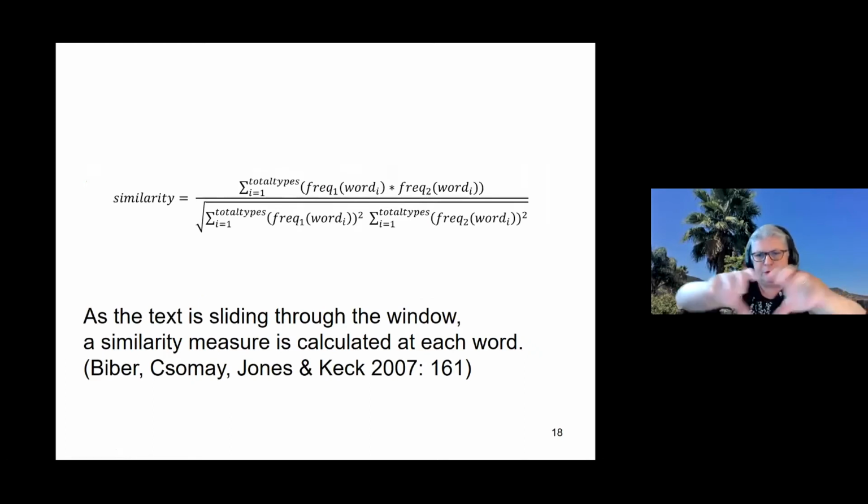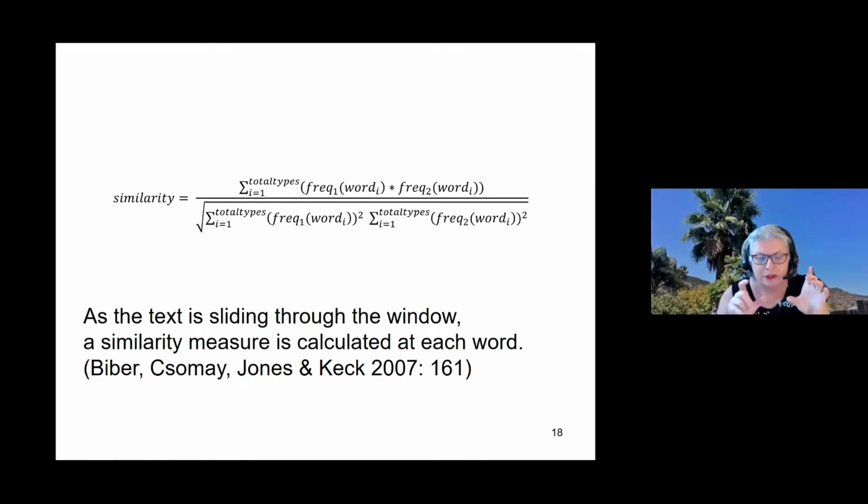There's a beautiful calculation through which you can come up with this similarity measure. I can talk about this after the presentation if you want, or you can look yourself at a book called Discourse on the Move, and on page 161 you'll find exactly the same formula to calculate these.